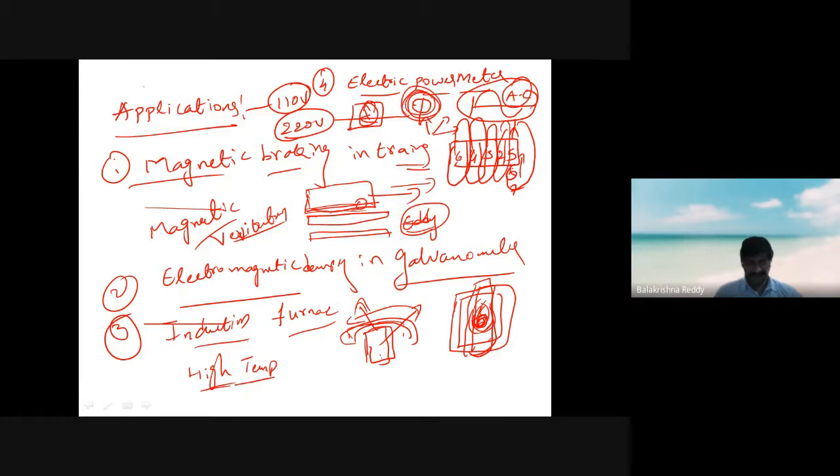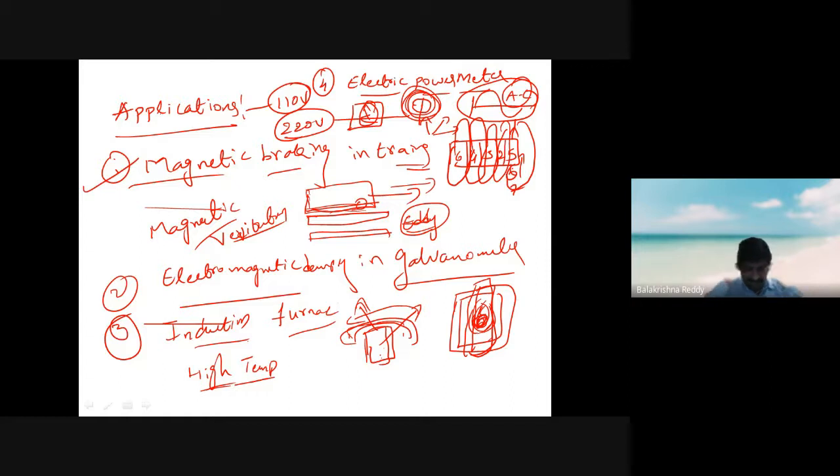Not only here, of course; in the case of transformers also eddy currents are produced, which we will discuss in the next chapter. But there, due to eddy currents, there are some losses. Here we discuss the usage. What is that? Magnetic braking in trains.